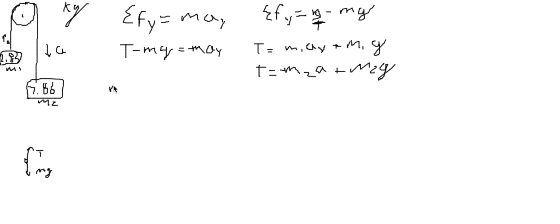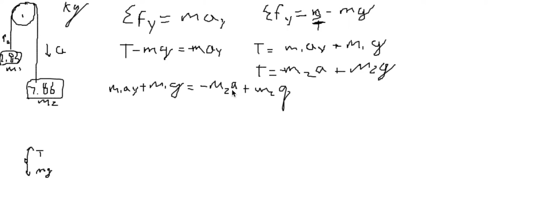We can write that out as M1 A y plus M1 G is equal to negative M2A plus M2G.